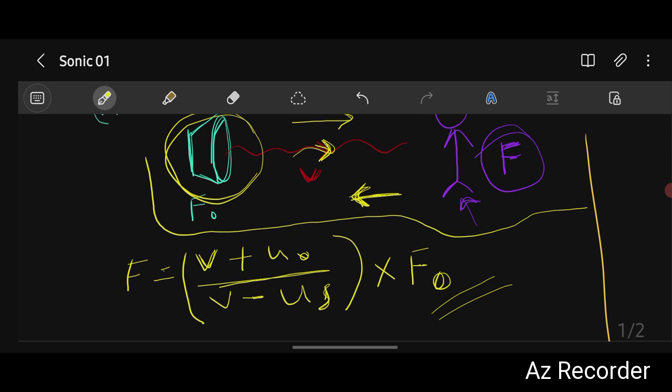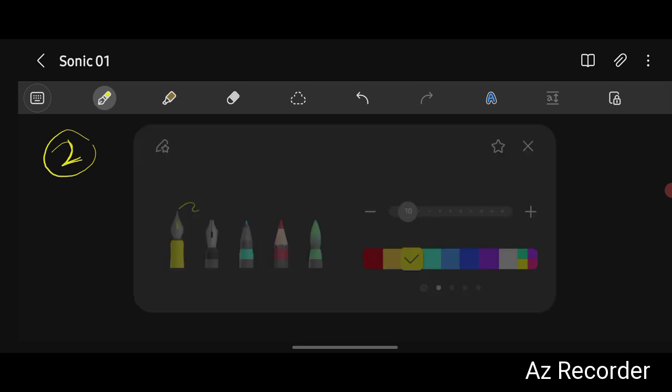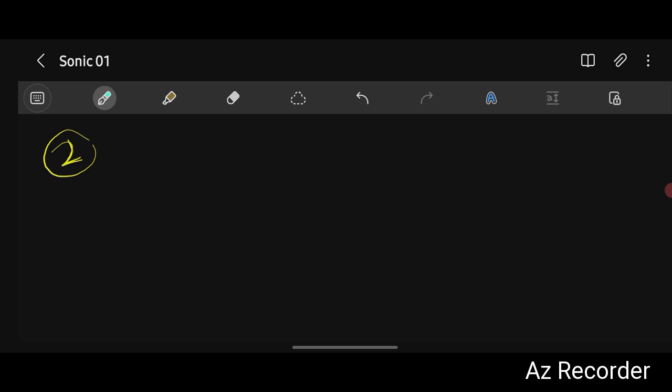Let's move to the second instance. In the second instance, take that both the observer and the source move apart from each other, not towards each other.